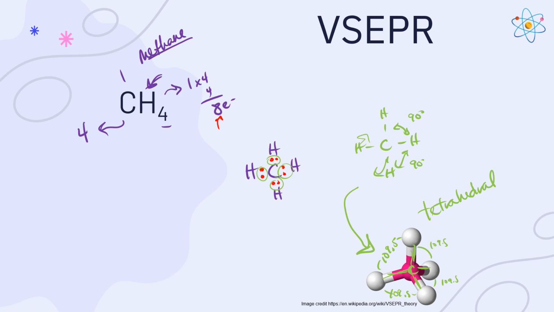We can flip it around and around, and we're going to end up with bond angles of 109.5 between all of those atoms. So be careful. Do not get stuck in two-dimensional thinking. Remember that we can have three-dimensional molecules. The shape of carbon tetrahydride, also known as methane, is tetrahedral with bond angles of 109.5.